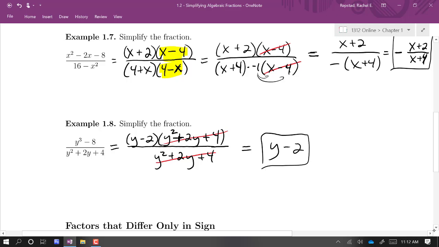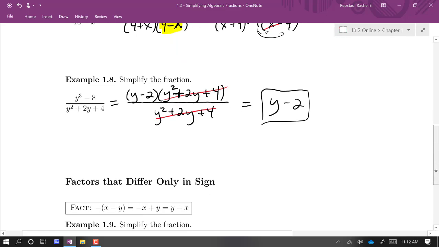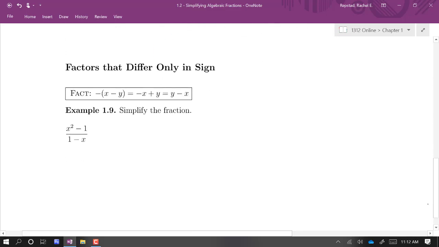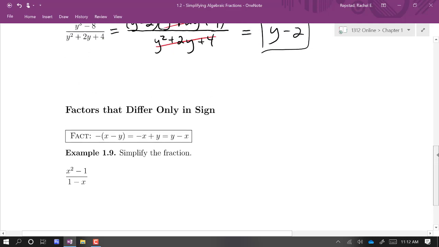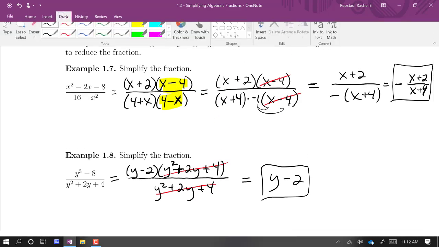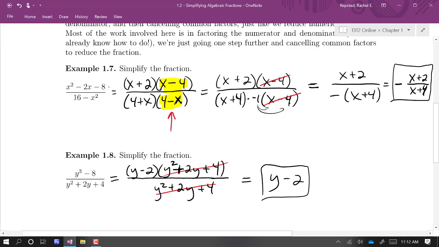Down here we're going to talk a little bit about factors that differ only in sign, and we actually already saw this at play in the first example. So I'm going to scroll back up here for a second and draw your attention to what we did. We said, look, this 4 minus x is the same as -1 times x minus 4.